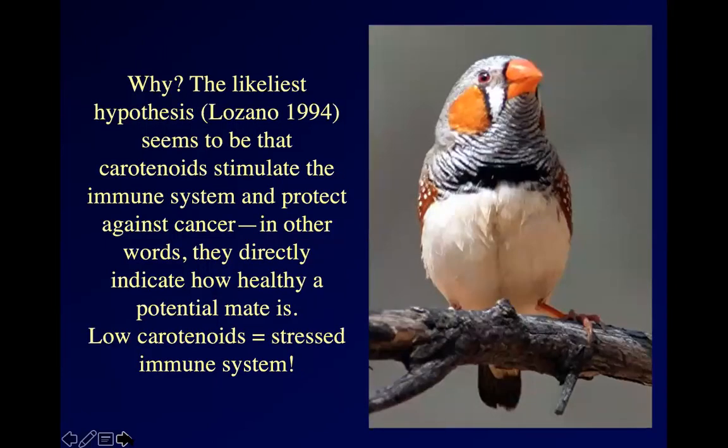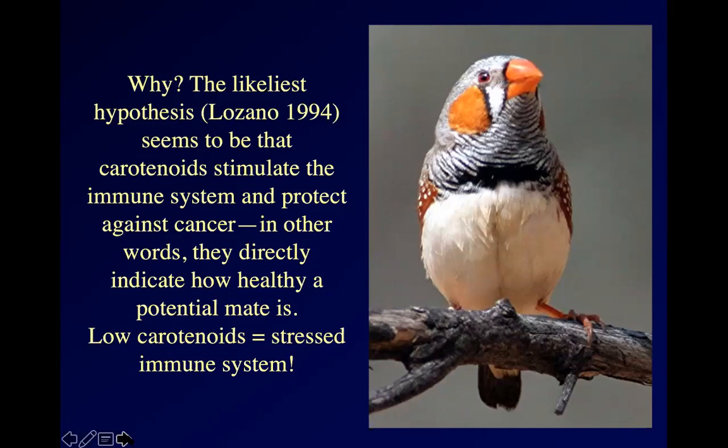So the likeliest hypothesis seems to be that carotenoids stimulate the immune system and they directly indicate how healthy a potential mate is. A mate with low carotenoids is going to have a stressed immune system, isn't going to be healthy, and that individual's offspring are likely to inherit a less effective immune system and be ill themselves.